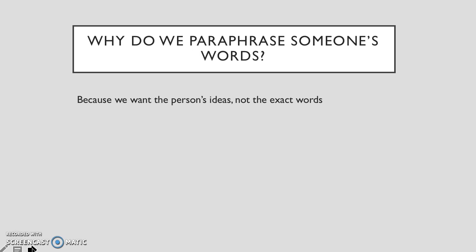It might be that you want to prove that, I don't know, the president, a congressman, your teacher actually said that, and you want their exact words. But you paraphrase when you want their ideas or their figures and you don't need the exact words.